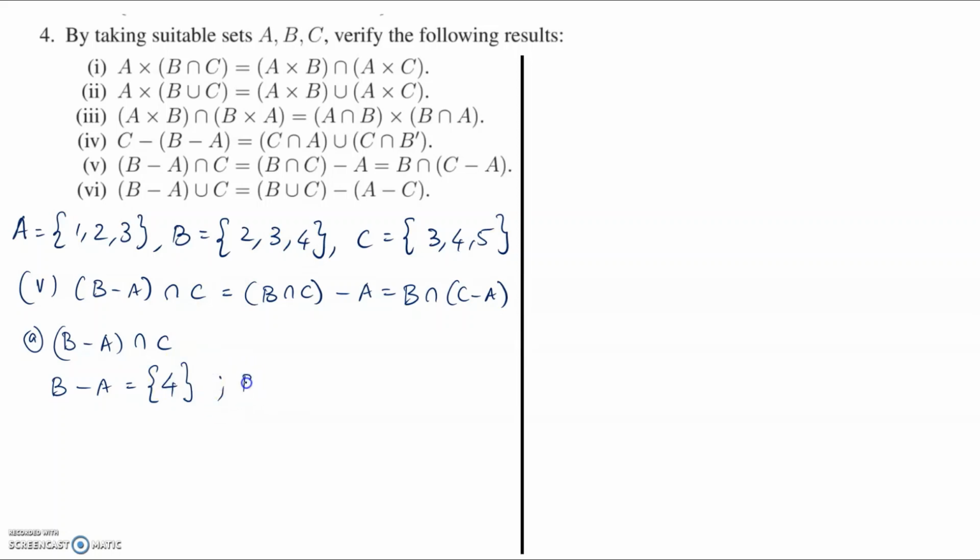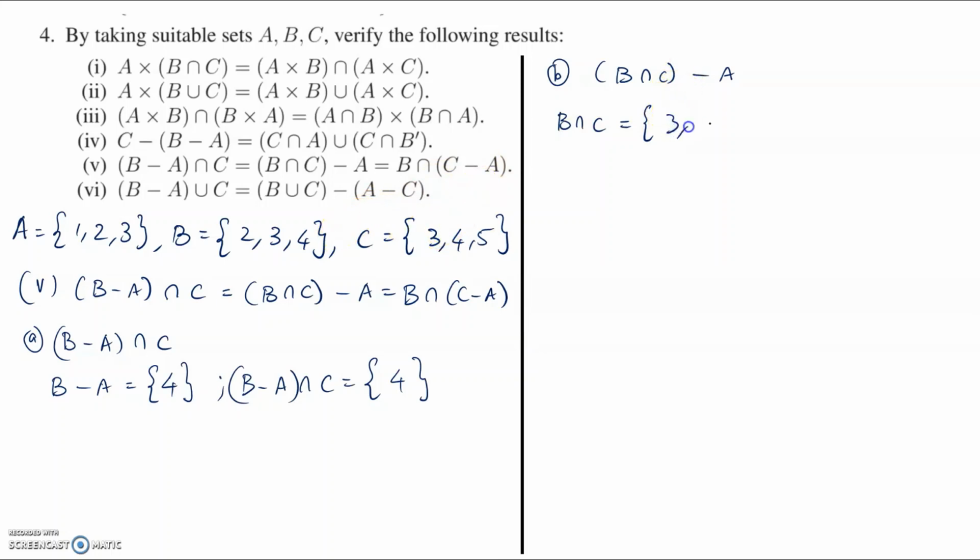Then B minus A intersection with C will be items which are common to both B minus A and C. So that's only 4. Now, the second part of our question is to show that it's also equal to B intersection with C minus A. So let's first find B intersection C. That's equal to, what are the items which are common to both B and C?